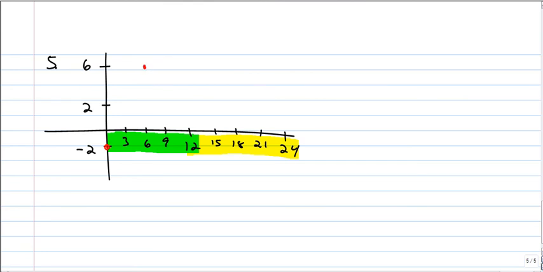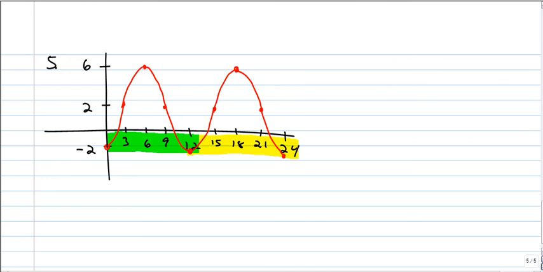That's 6. 3, it's at 2. So you have a picture of this graph on your paper. I'm just working at sketching it real quick here for you. So that's the graph we're looking at.